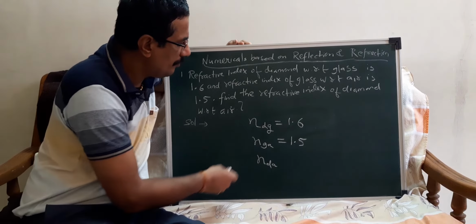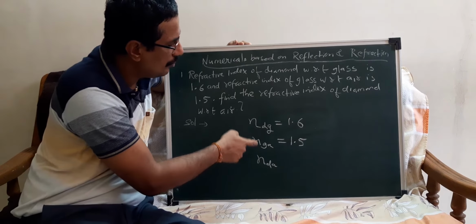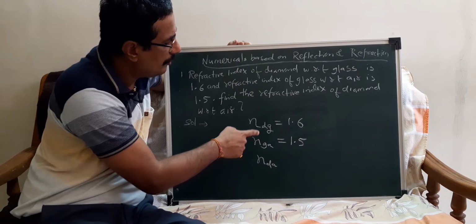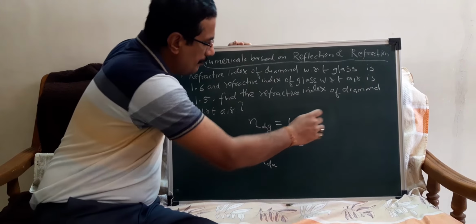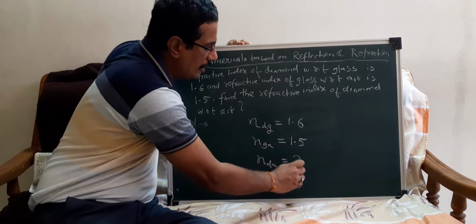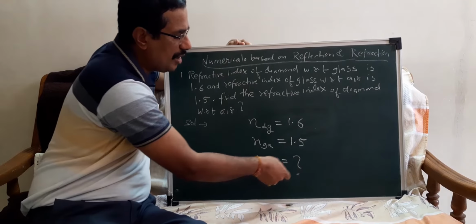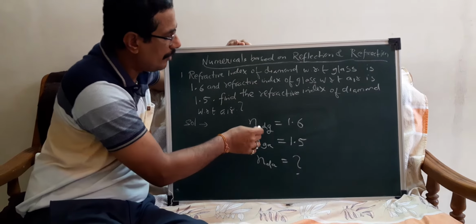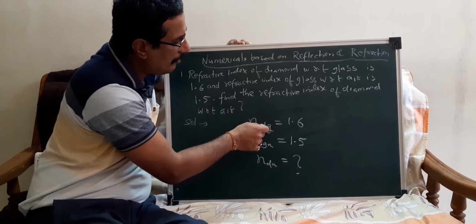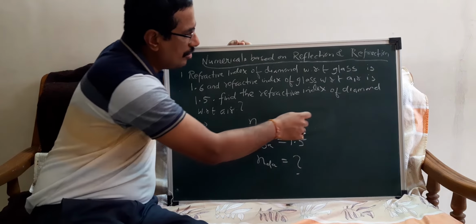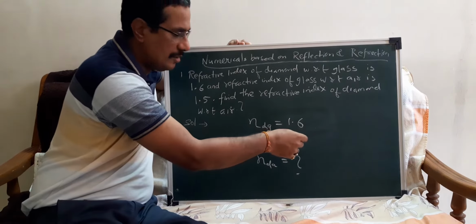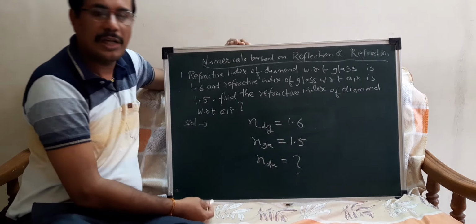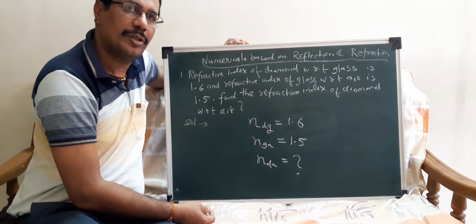So here, if you use this formula, the refractive index of diamond with respect to glass, what is it actually? This we have to calculate: the refractive index of diamond with respect to air. Now what is the meaning of this one? The refractive index of diamond with respect to glass is actually the refractive index of diamond upon the refractive index of glass. Now generally we calculate the refractive index of any medium with respect to air.